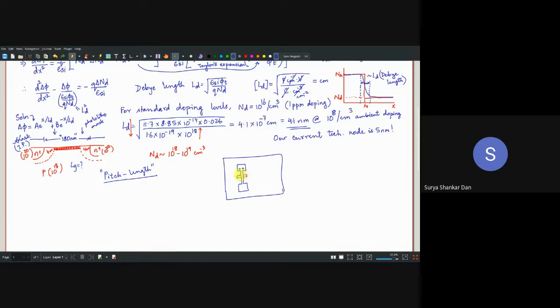This is an inactive region which I have drawn. This one is polysilicon. This small space over here is, let us say, 7 nanometers. That will mean the gate length over here is 7 nanometers. So this is basically a 7 nanometer mask.